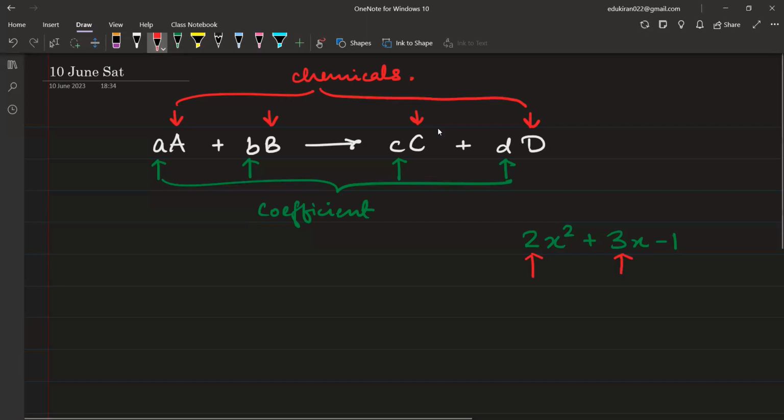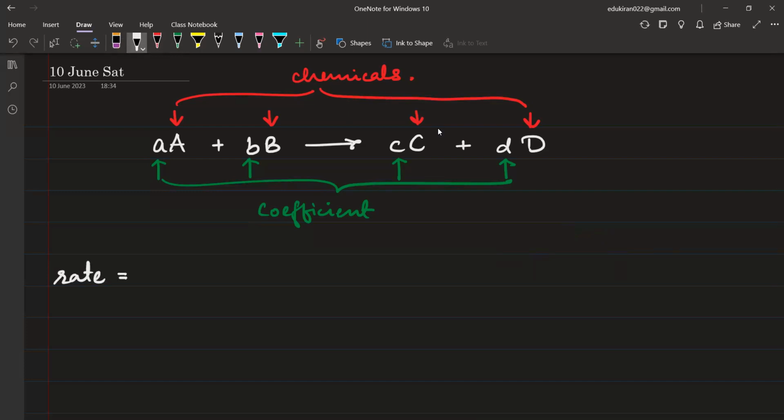Now, here also the small a, small b, small c, and small d are coefficients. So for this, we can write rate is equal to, for the case when we have a, this is a number, rate is equal to 1 upon a into minus the change in concentration of A divided by change in time.